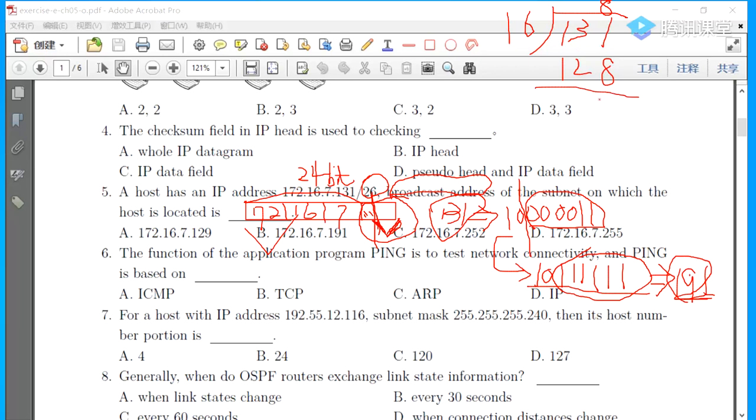It's difficult for me to write with the mouse. Okay, here the remainder is 3, right? So from this division, we know 131 equals 83.